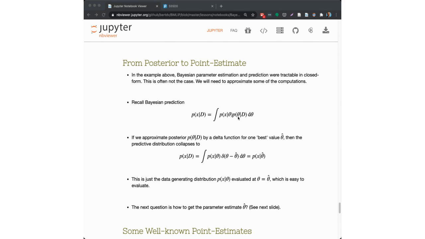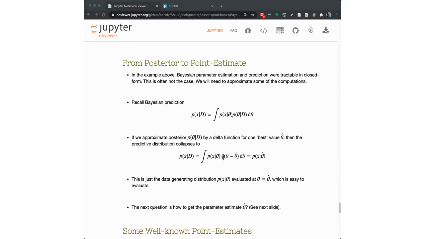And now I'm going to say, okay, now this integral may be hard to compute. I want to compute here the prediction for x given all the past observations, but this is an integral I cannot compute, right? So I'm going to do something simpler. This posterior here, I'm going to approximate that just with a delta function, like here, right?